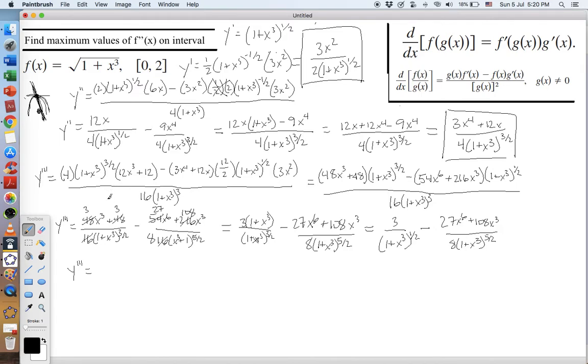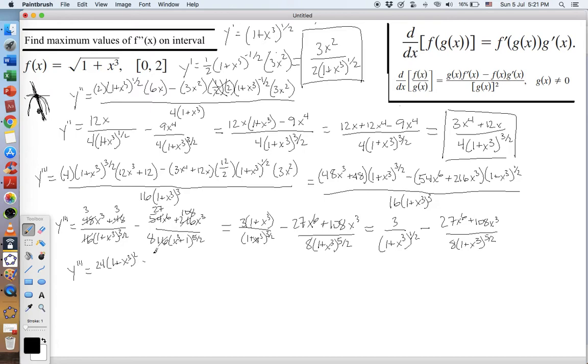So let's put these into one fraction now. In order to find the common denominator here, we're going to have to multiply this 3 by an 8. 3 times 8 is 24, and then we're going to have to multiply that 24 by the difference of 1 plus x cubed to the 1 half and 1 plus x cubed to the 5 halves. Well, that's a difference of an exponent of 2, so 1 plus x cubed raised to the power of 2.